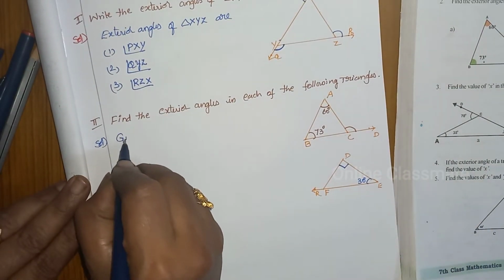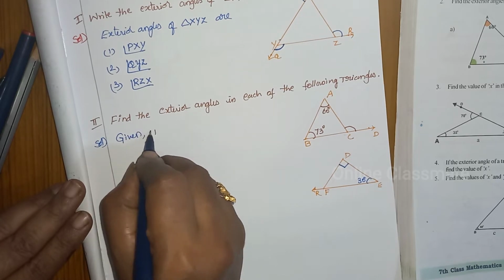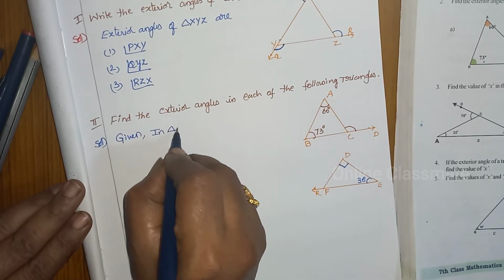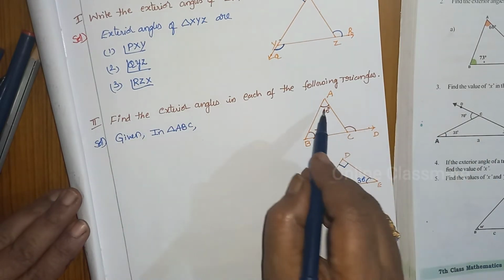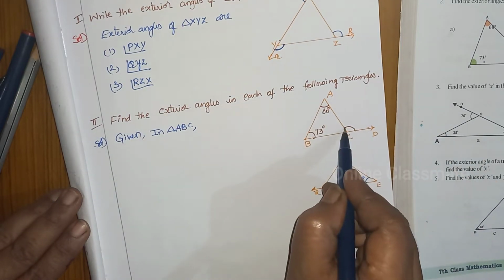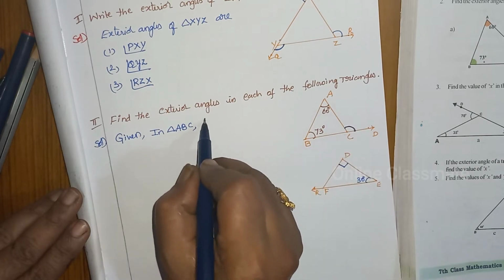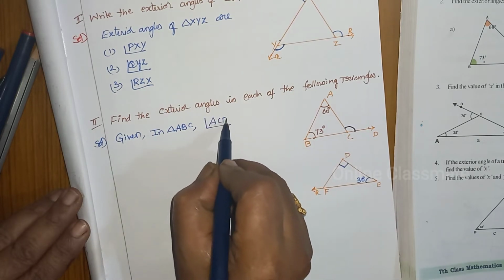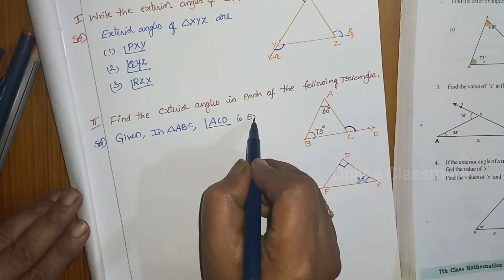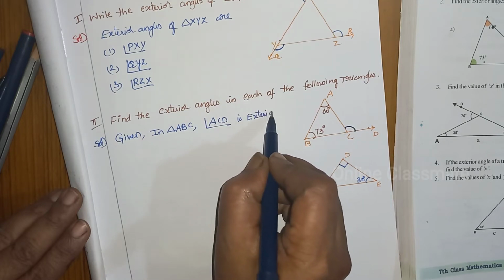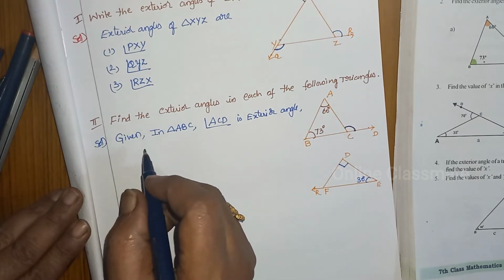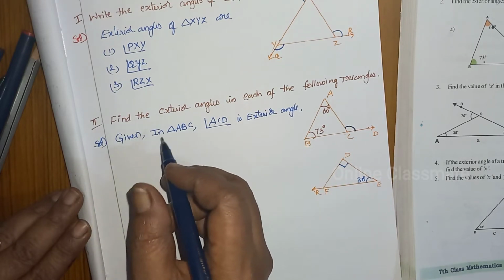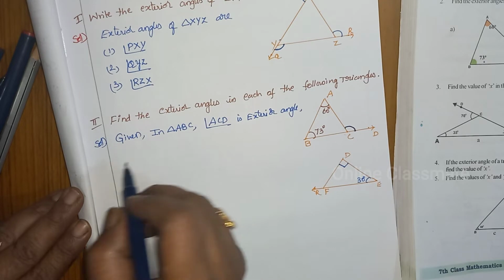Given, in triangle ABC, ACD is the exterior angle. Exterior angle is equal to the sum of opposite interior angles.